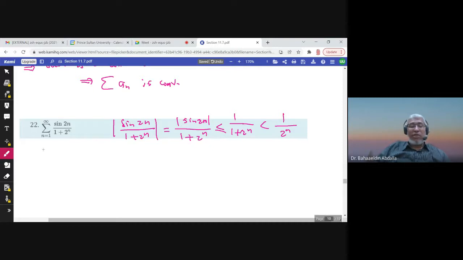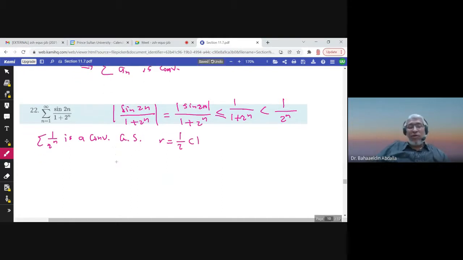And summation 1 over 2 to the power n is a convergent geometric series, because r is half and it is less than 1. So because of this, and by direct comparison test, then summation absolute value of sine 2n over 1 plus 2n is convergent.